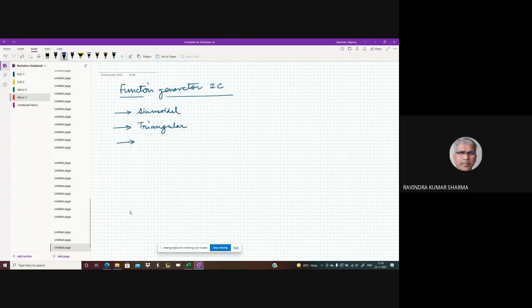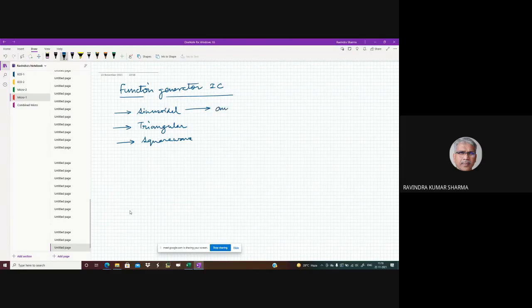Triangular waveform, and third one is going to be the square wave waveform, right?